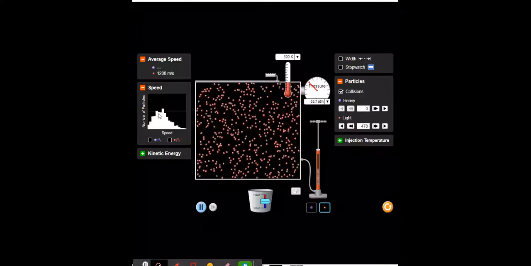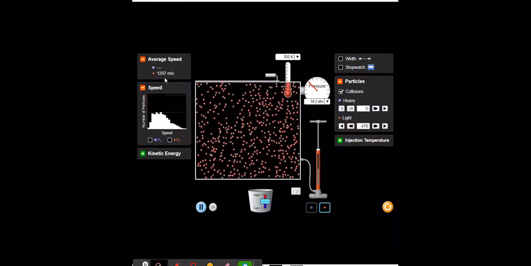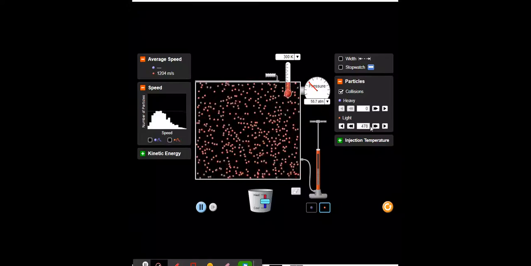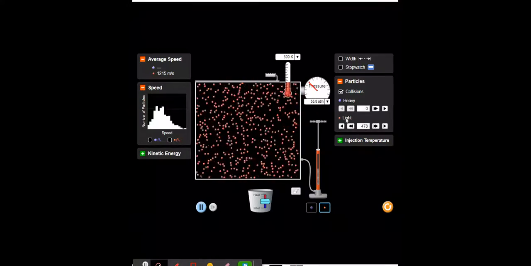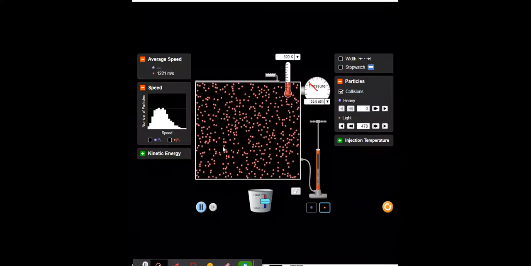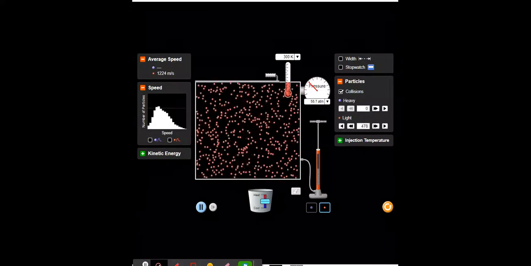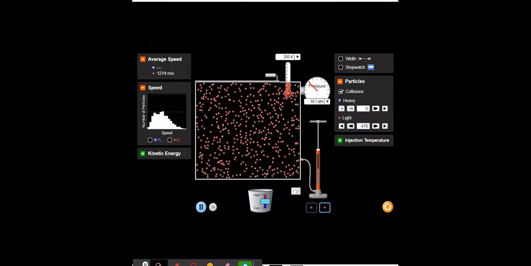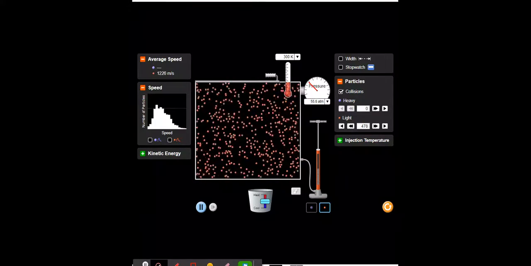And so their average is much higher, 1200 compared to the blue. Same number of particles, just this time I did the light. Same pressure and same temperature. And clearly they're moving a lot faster. But because of their low mass, they had to have a much higher velocity to keep that energy balanced.